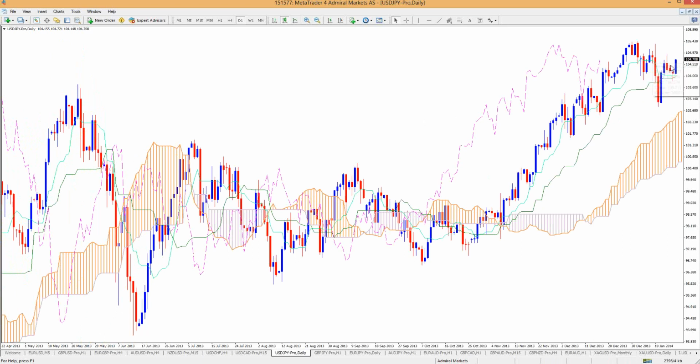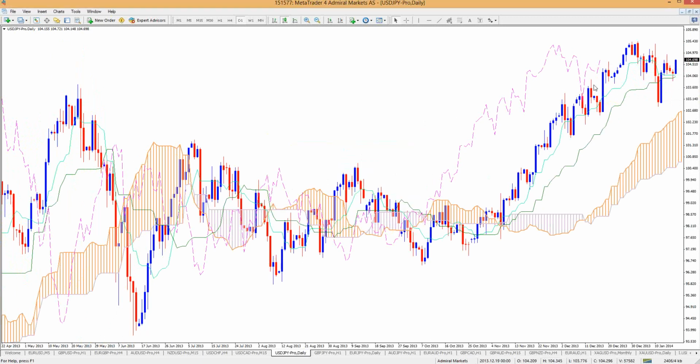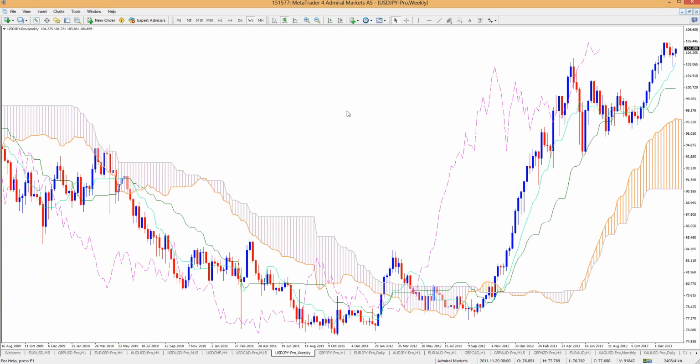That's logical because of the bigger retrace at the moment. The Chikou, I think, if I remember correctly, Chikou indeed is above price. Weekly Tenkan is still pointed up.